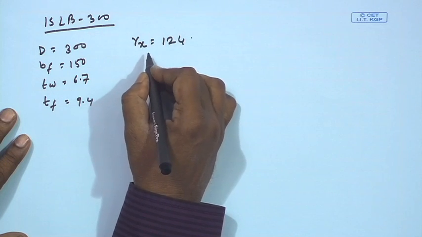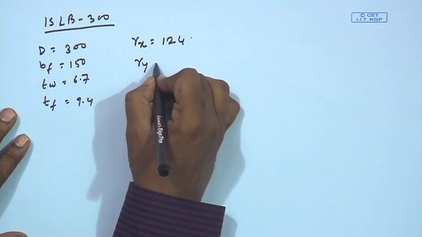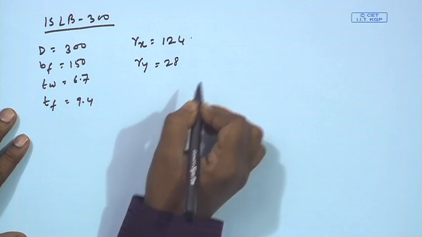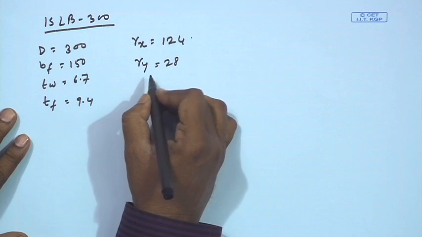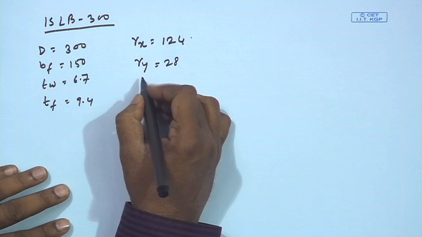The radius of gyration about x is given and the radius of gyration about y is given as 28 millimeter. All the values which will be required we are writing here.